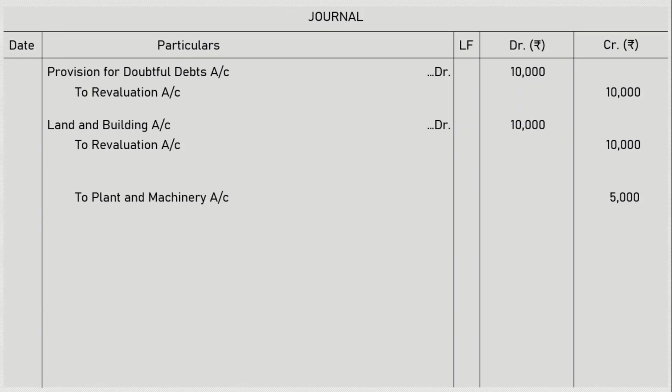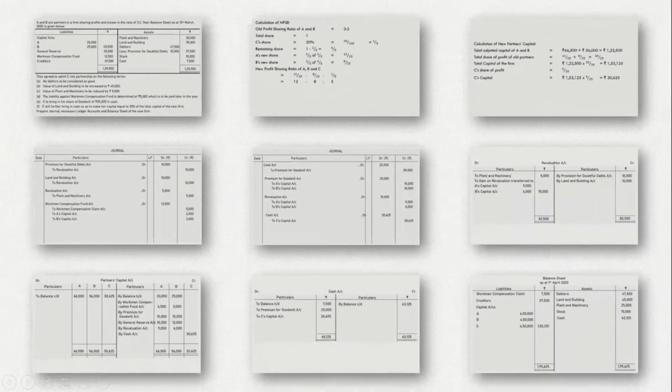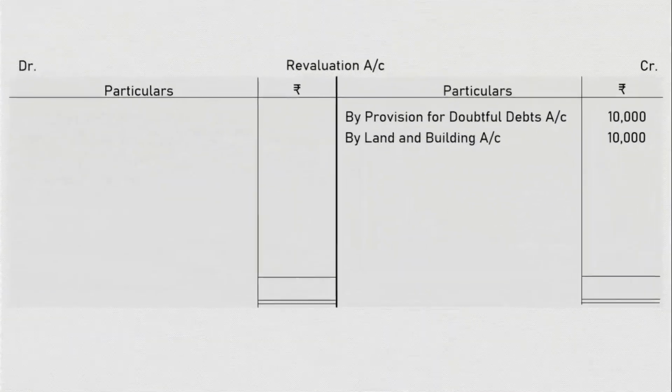And one more thing, credit side we have already mentioned. Now to make it a double entry, we have to write something on debit side, and we have only one account to write, that is revaluation account. Let's post this entry in revaluation account. So all expenses and losses are debited.